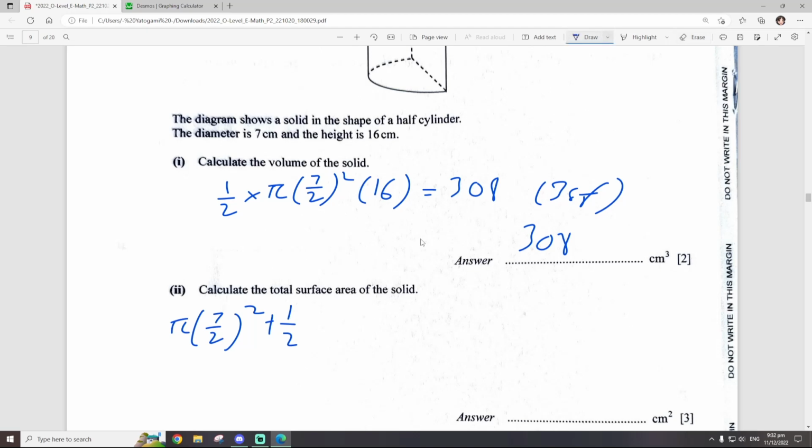You are actually given pi d, so you can use pi dh, but then you can have the half here, so you get 7 pi and 16, and then finally add the rectangle, which is 16 times 7.